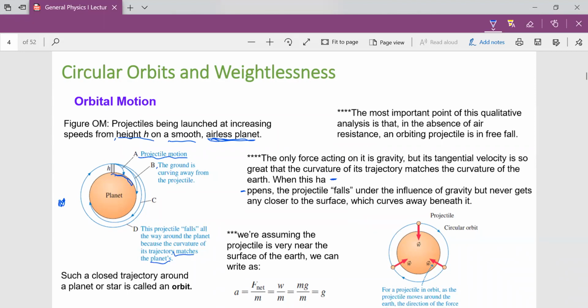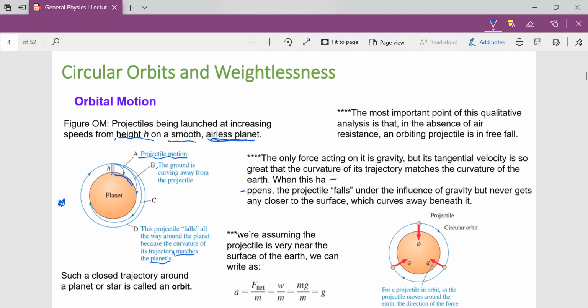Now, what is this experiment trying to give us? It shows that at a certain velocity, for an object that is far from the Earth, we're going to have projectile motion that gives us a motion parallel to the curvature of the Earth, such that the description of its motion around the Earth is described with the word orbit. So we have its orbital motion.